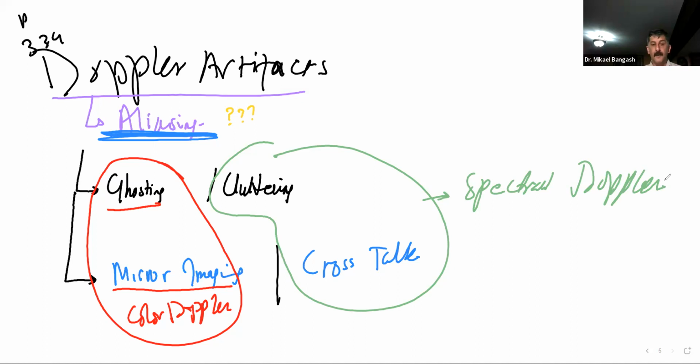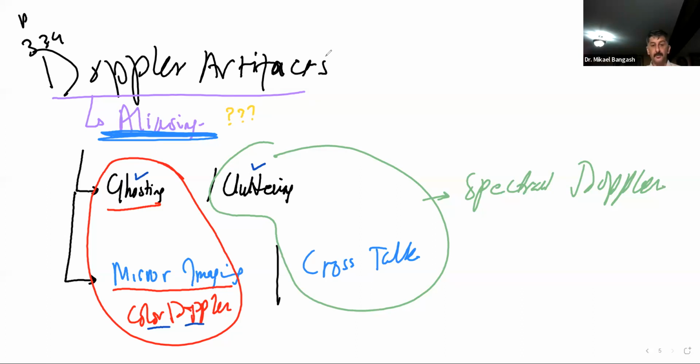Is that clear? The cause for ghosting, if we use color Doppler, and the cause for what we call cluttering, if we are recording on a spectral Doppler, is going to be the same. Since the cause is the same, the solution, or the way of getting rid of it, would be the same. Is that clear?